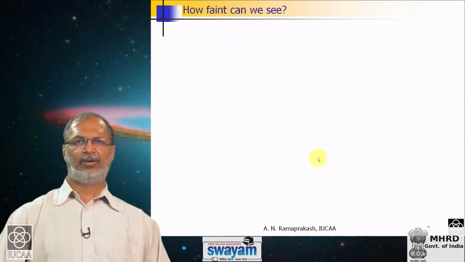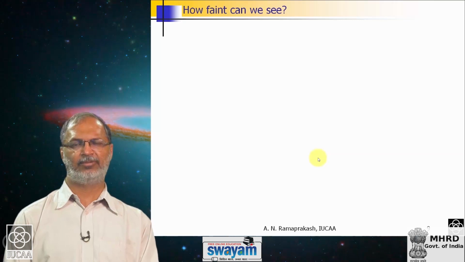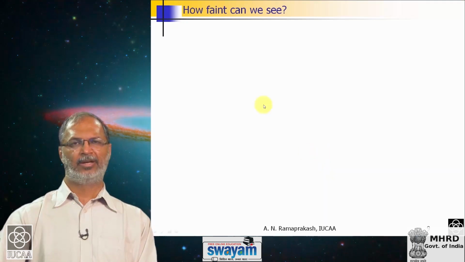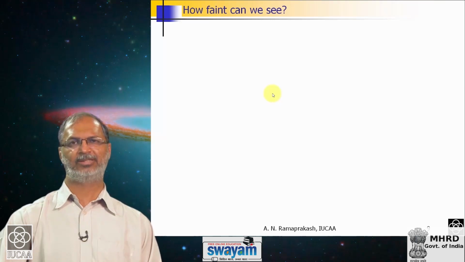So, we have discussed so far how a telescope allows an astronomer to see faraway objects and how it allows you to see fine details. Now, it naturally leads us to a question: is there a limit of how faint you can see? What is the faintest object you can see in the sky?